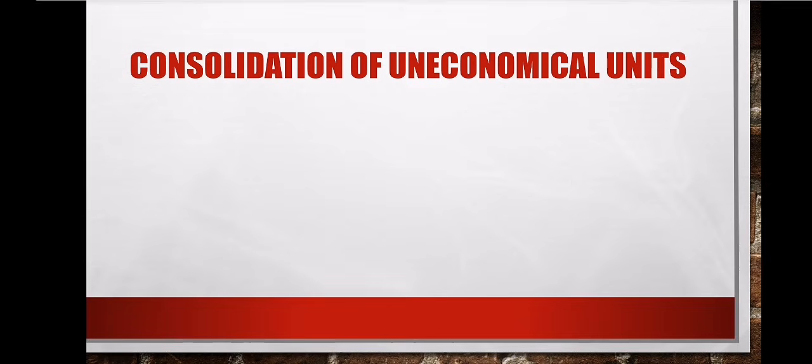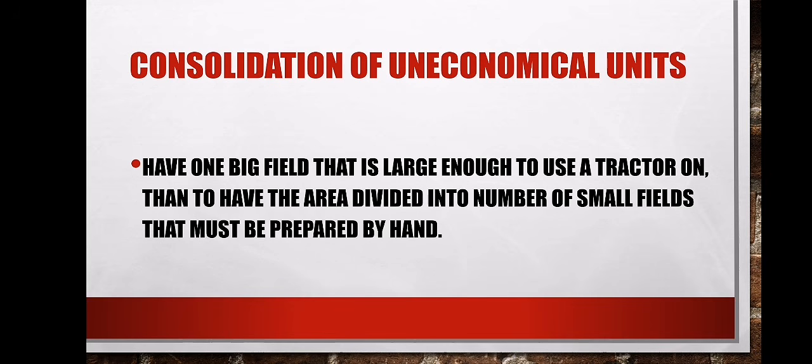This last one is whereby we say consolidation of uneconomical units. It's whereby you get rid of the small plots and then you just use one large field, whereby a tractor can be used in plowing that whole field instead of plowing small plots differently. In this case, we say have one big field that is large enough to use a tractor on, rather than to have the area divided into a number of fields that must be prepared by hand.